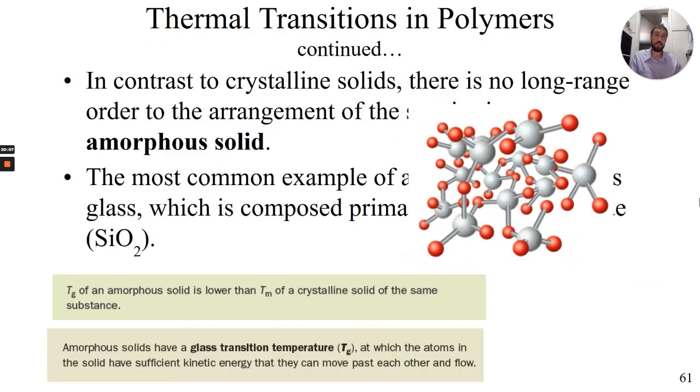Okay. And then the last one, which is kind of a random, goofy looking slide because I don't think it's all that important, is our thermal transitions. Because these are by definition impure, because you've got a bunch of different polymer strains, you don't really get kind of a nice melting point. What you'll get is this transition of going from solid to liquid.